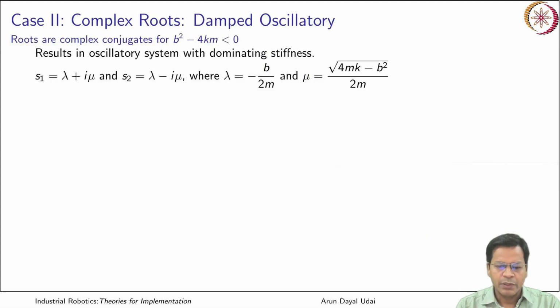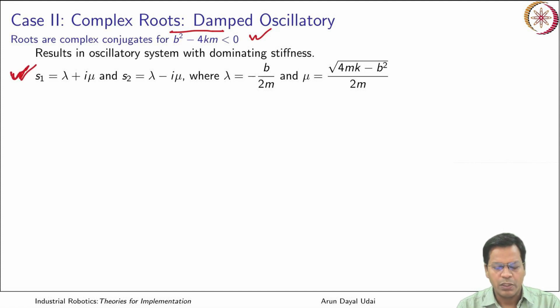Now the second one. This is a system where you have b squared minus 4km less than 0. That means I should see complex conjugates. Complex number roots always appear in conjugates, you know that already, if it is a quadratic equation like your characteristic equation.